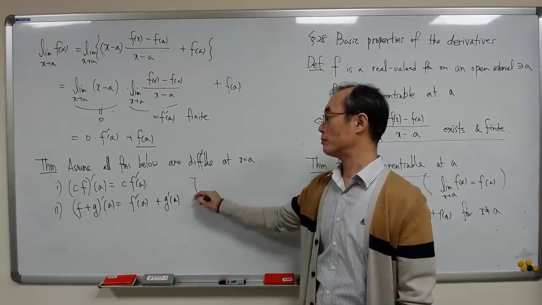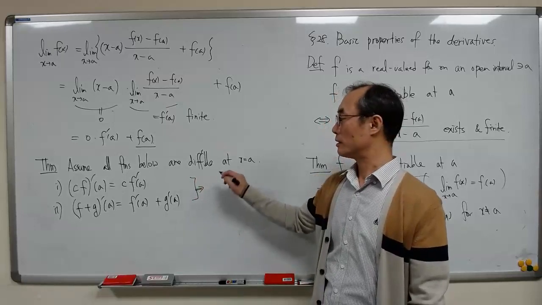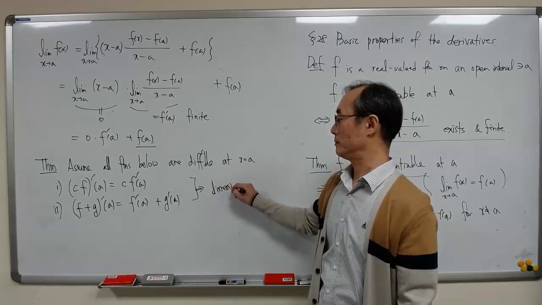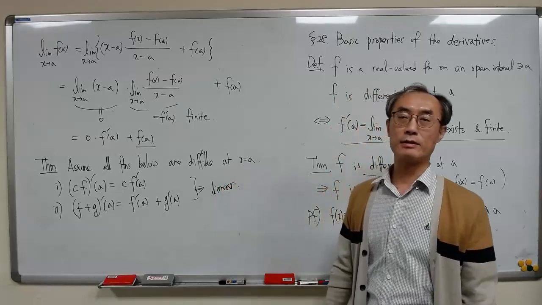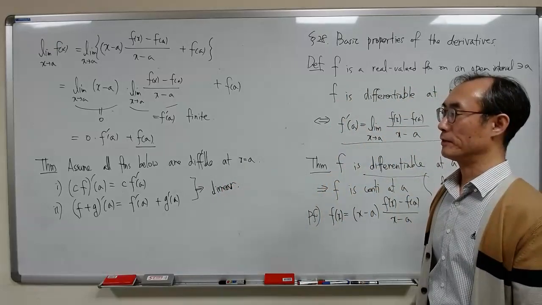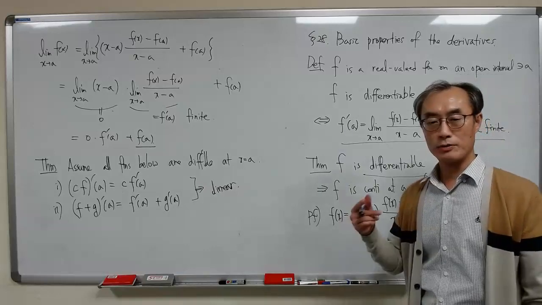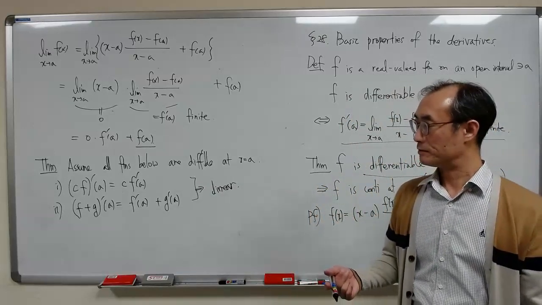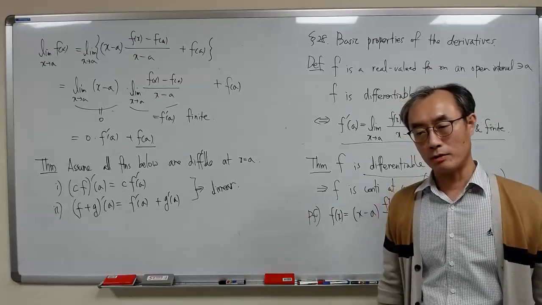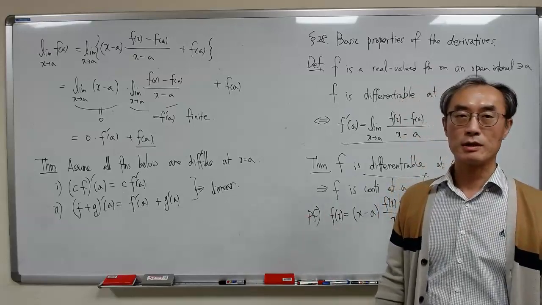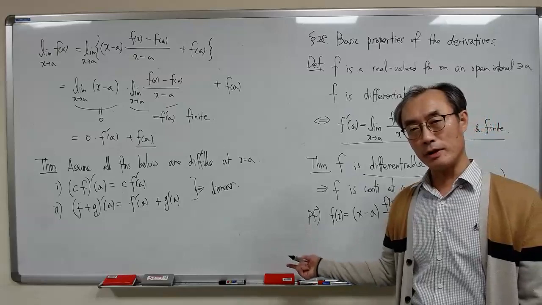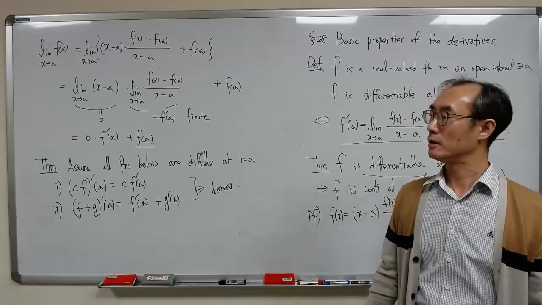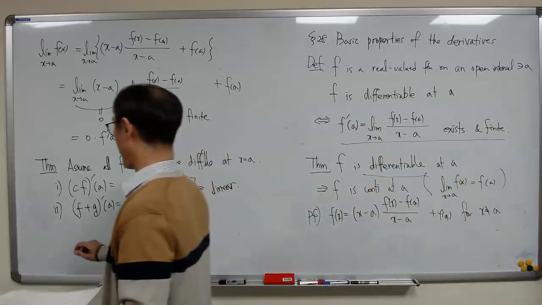By combining those two properties, we know the derivative is linear. Okay, differentiation has the linear property. The derivative of a linear combination of two functions can be obtained by the linear combination of their derivatives. That's the linearity. All right.